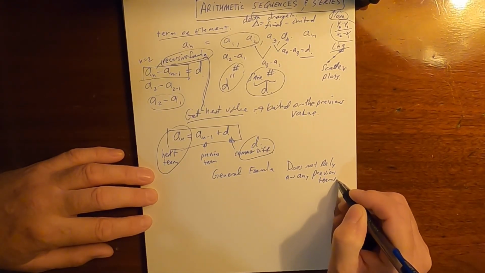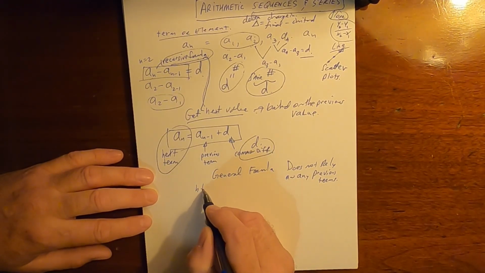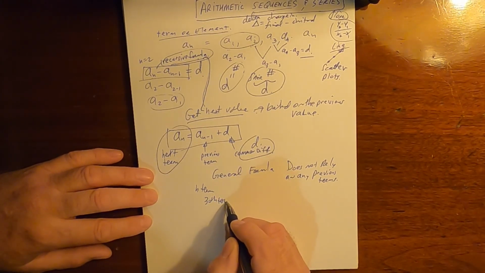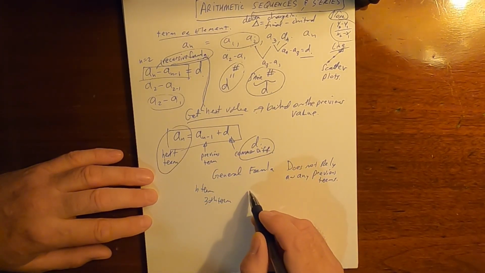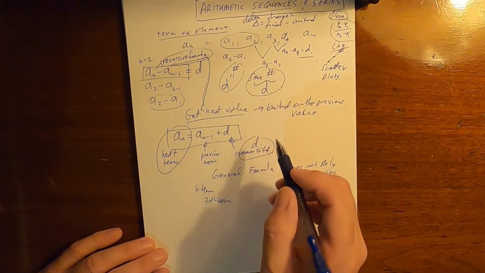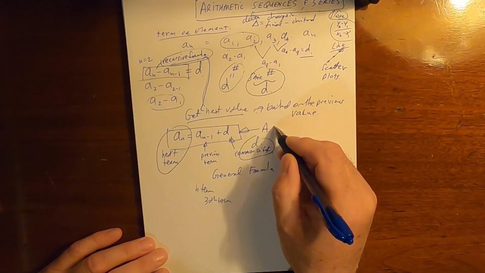So when I say I want some nth term, I can put it in. I can say I want the 30th term, and if I put it in this general formula, which I'm going to give you, the arithmetic general formula, this is the arithmetic recursive formula here.